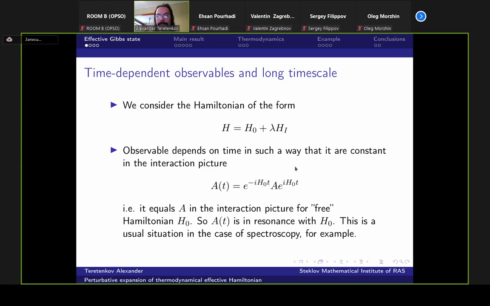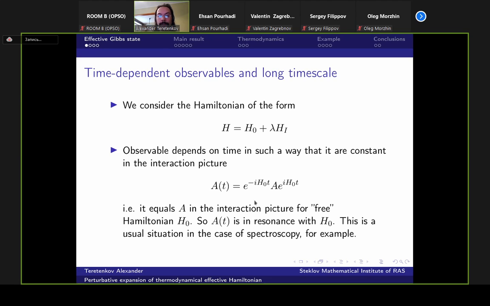Usually we see something like that, but with inverse signs in the interaction picture. But here we have some directly time-dependent observables which depend on time in such a way that in the interaction picture they become time independent.